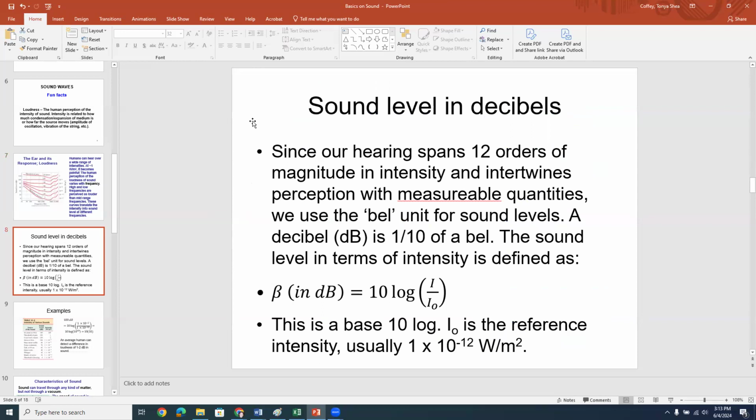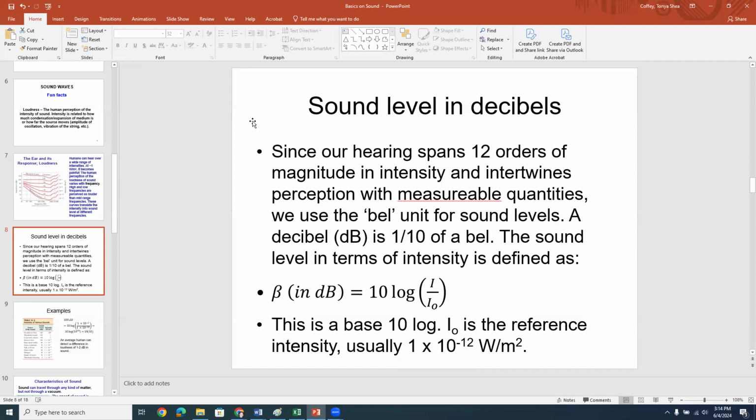Now, since our hearing does span 12 orders of magnitude in intensity, and it intertwines perception with measurable quantities, what we usually do is talk about a sound level in a unit that's called the decibel. This actually comes from the unit, the bel, from Alexander Graham Bell. But since the bel is not as useful a unit as the decibel, which is 1/10 of a bel, we usually use decibels.